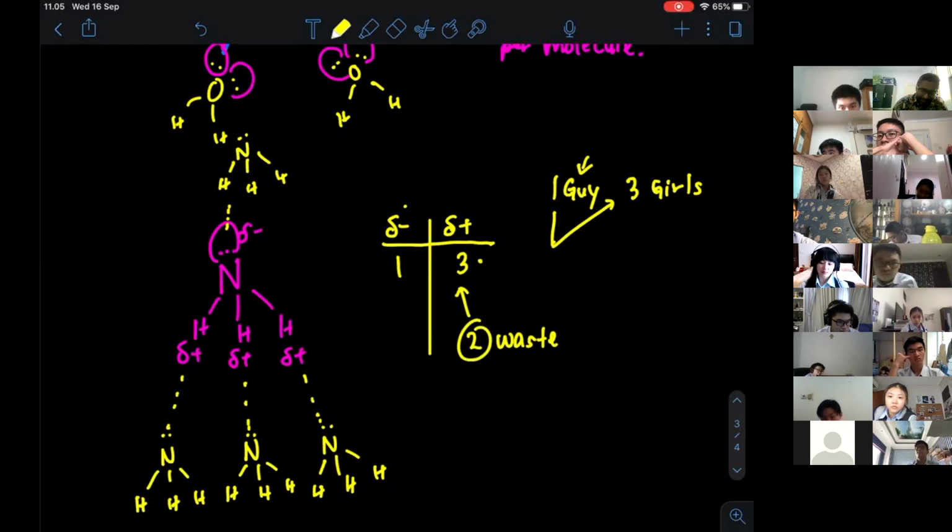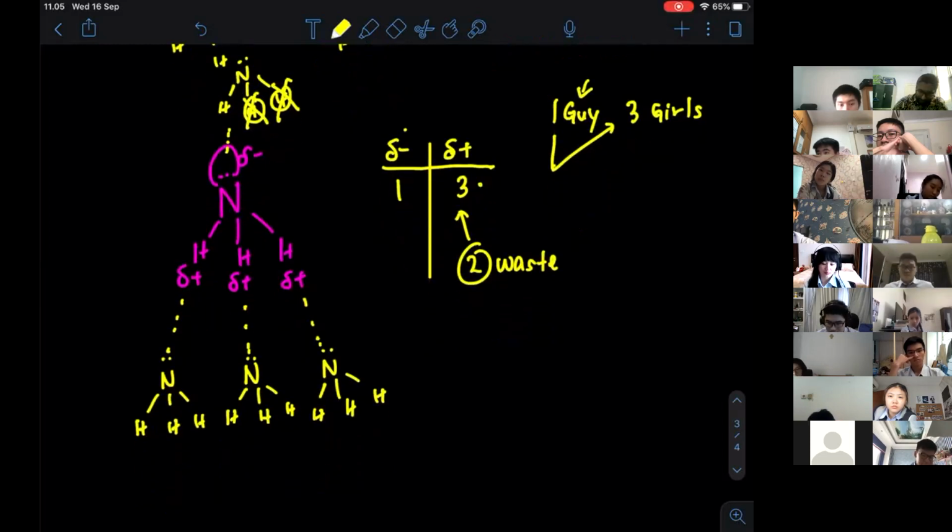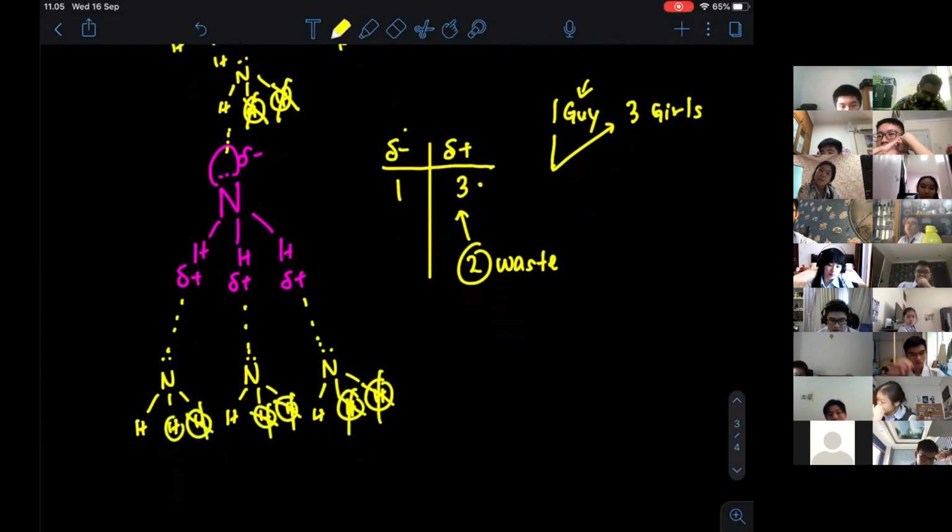It means that this one will not get into bonding. This one will not get into bonding. Not enough. So do we actually get these 2 into bonding? Definitely no, not enough.